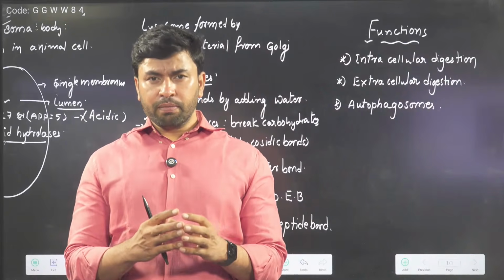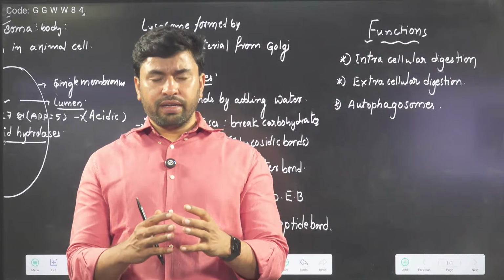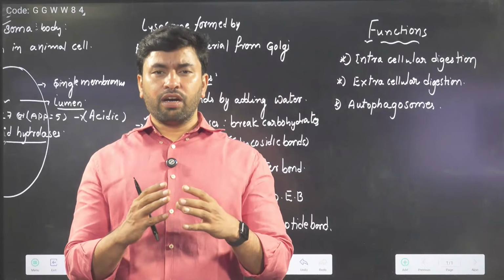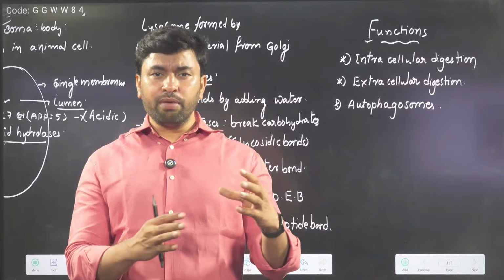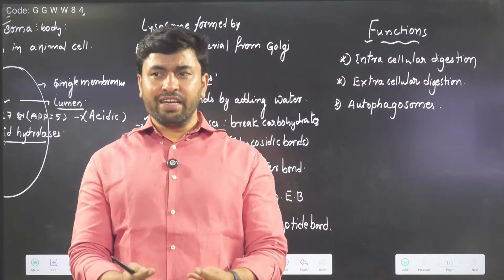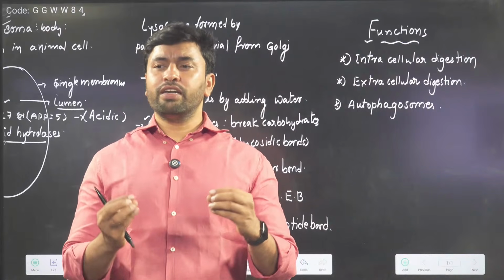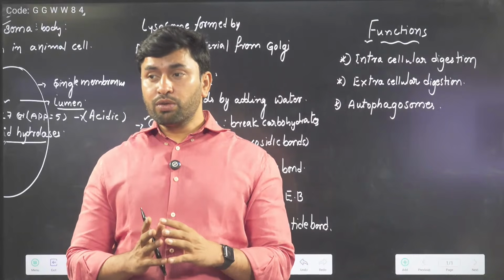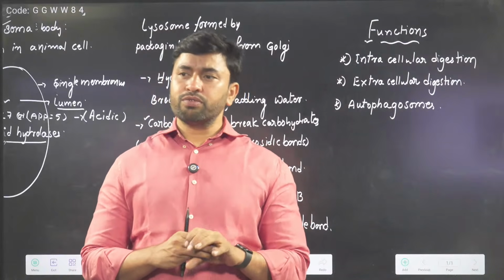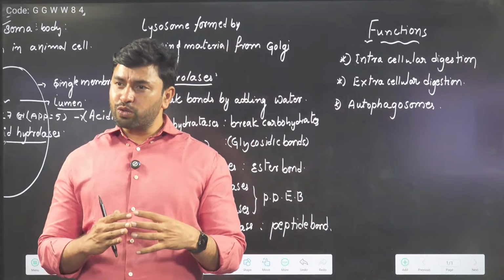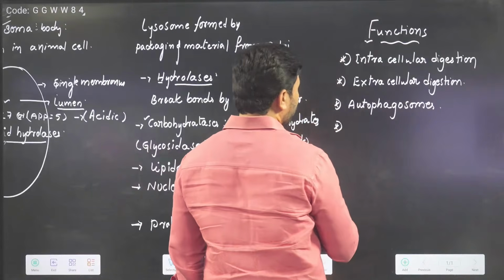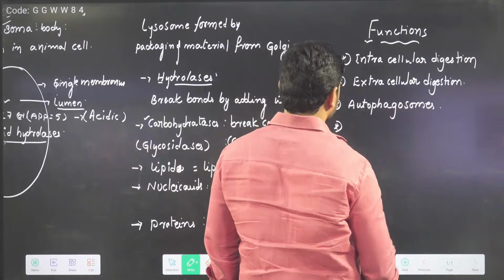If you interrupt energy supply to a cancerous tumor or cancerous cell, the cell will automatically eat the neighboring cells and eat upon itself, and it may disappear. That phenomenon is called autophagy. Some lysosomes work as autophagosomes.